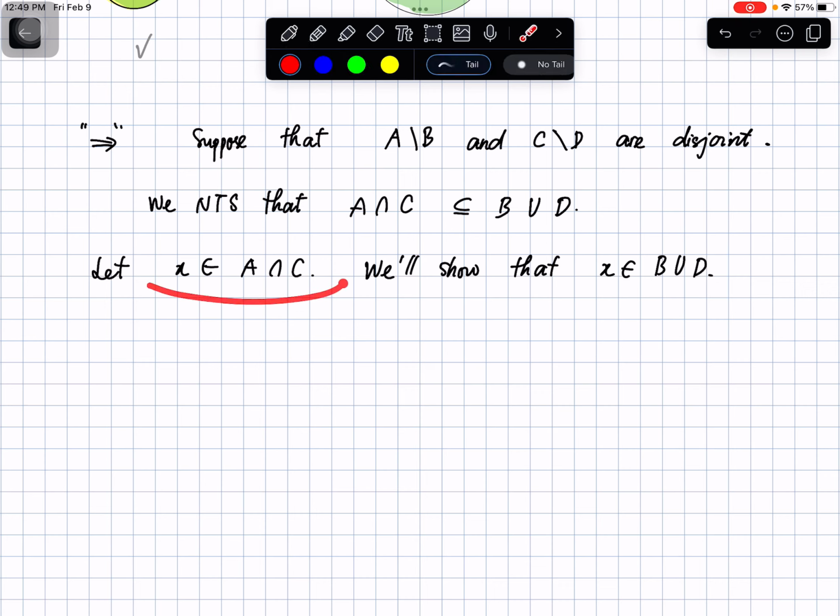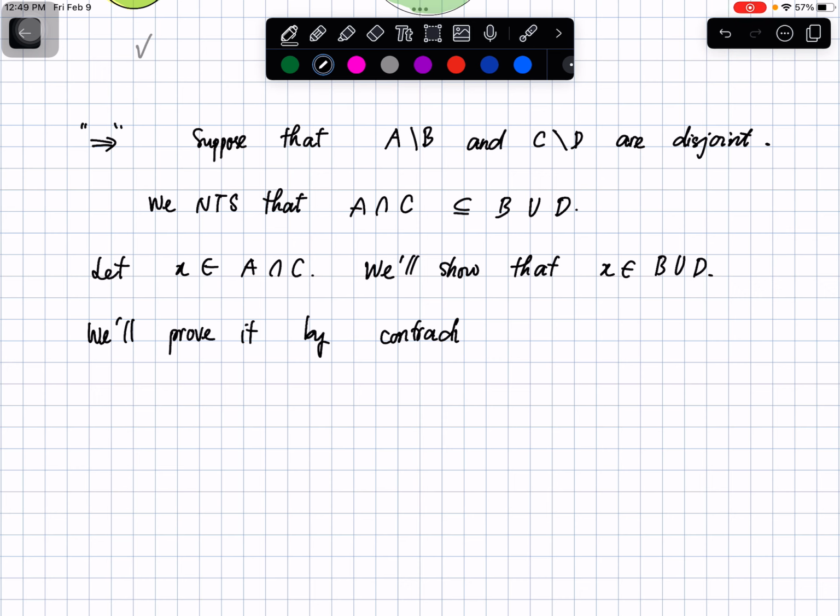So let X be in A intersect C. We will show that X is in B union D. So we can do it by contradiction again. We will prove it by contradiction. Okay, so we need to prove this is true, right?